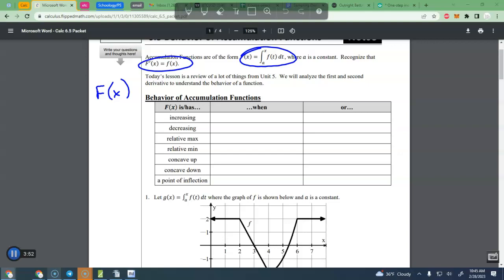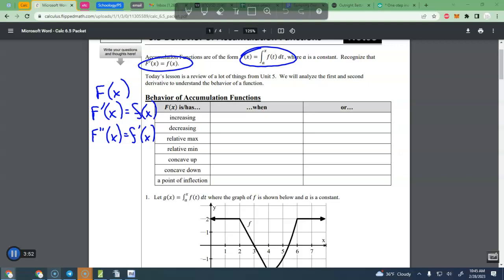The derivative of capital F is lowercase f. Then I see concavity down here, so I might have some second derivative stuff to worry about too. So I'll just keep going. The second derivative of capital F is the first derivative of f. So they're asking us to fill out this chart two ways, which makes sense because there's kind of two ways to think about it.